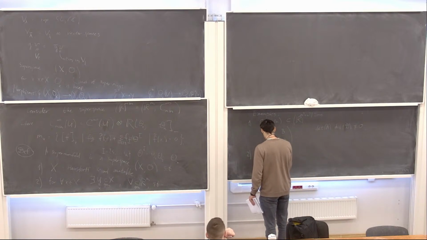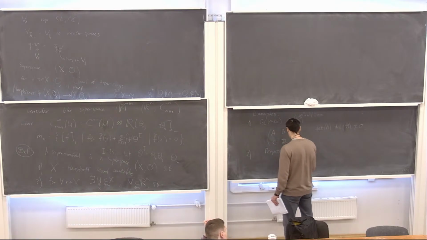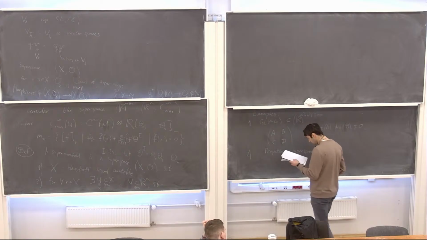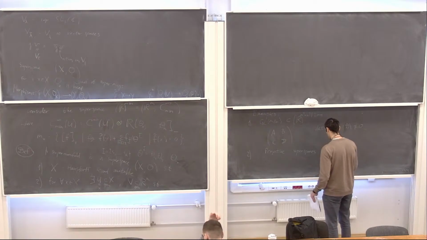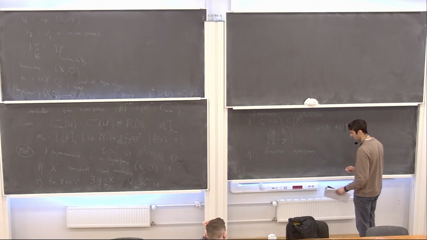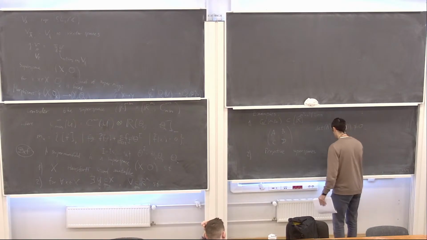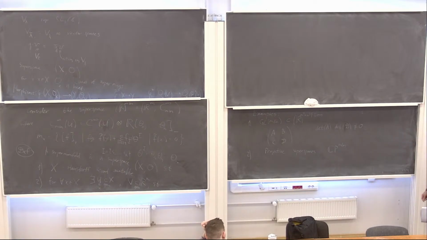You can just add super to any place here. So notation: we need to choose a field, so let me choose C. Let's talk about CP^(m|n), the projective superspace. What would that be?